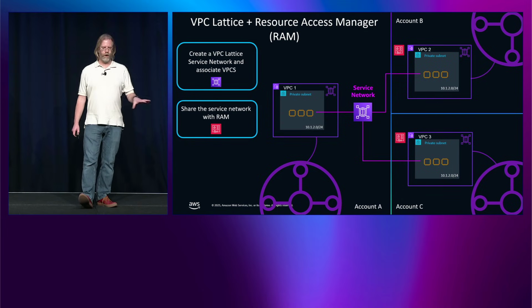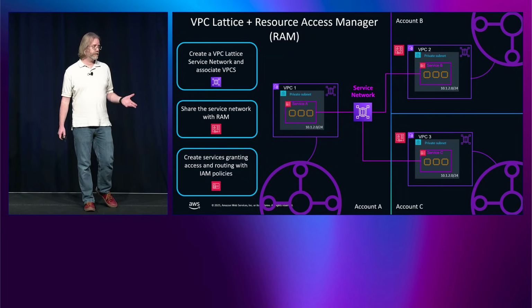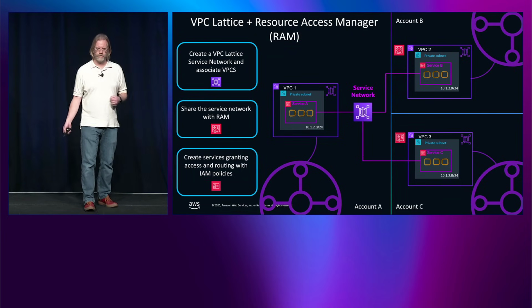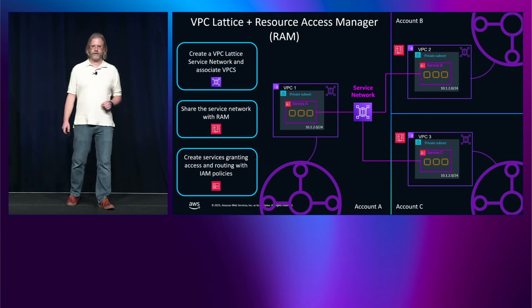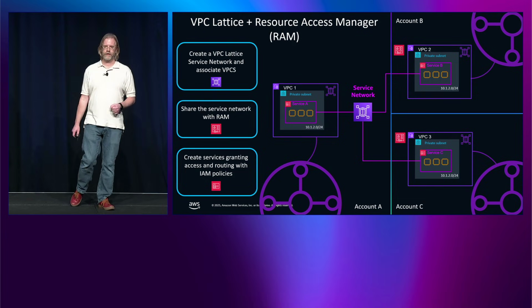Lattice will then watch, based on policy, which we'll get into in the presentation, the traffic as it goes back and forth. Lastly, we have to create the services, and that's where you create and share. On our side, we're going to associate the service network, as we've already shared our service network out. On their side, they're going to create their services, join them to the service network, and share them to us.